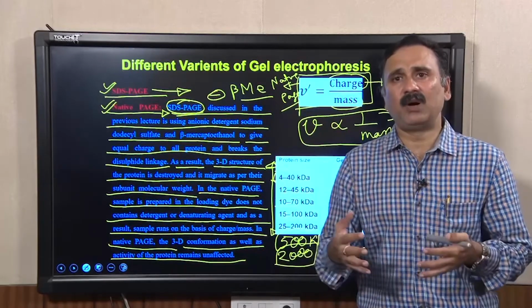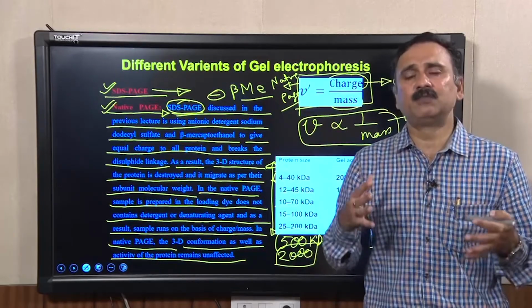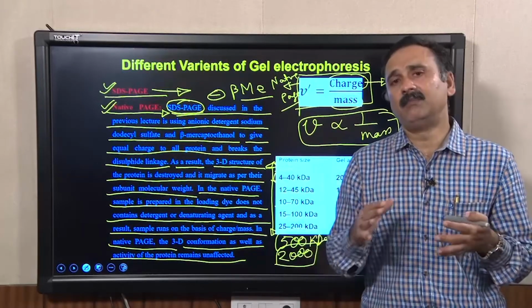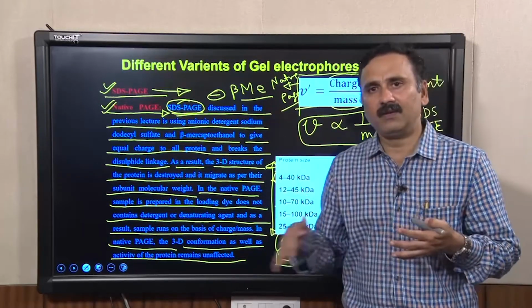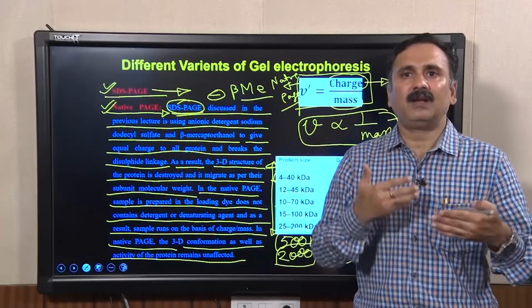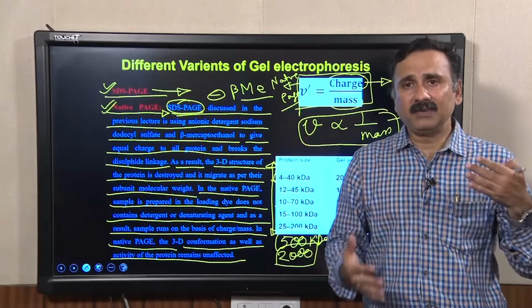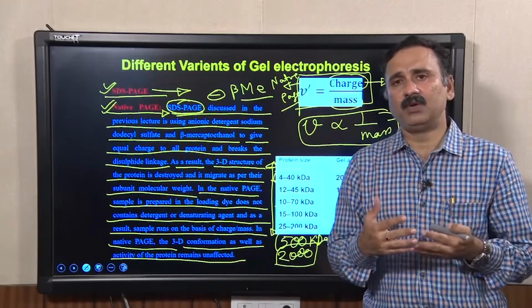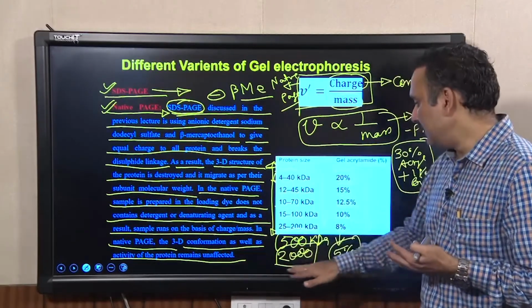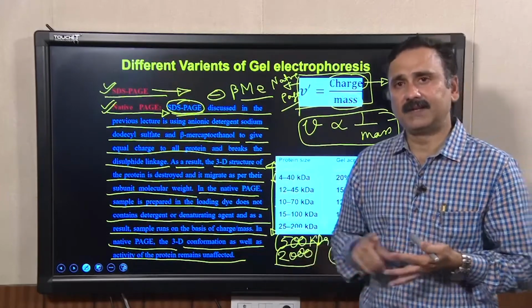To solve this problem of very large proteins and protein complexes, people have developed a new gel electrophoresis technique using multiple gels, and that is how they are able to resolve these high molecular weight proteins.